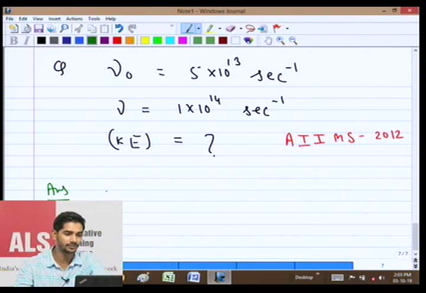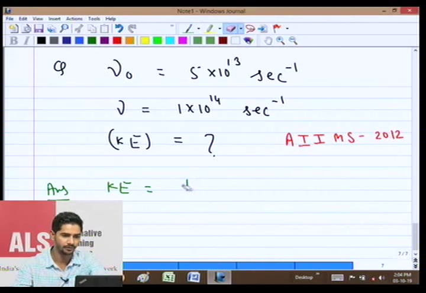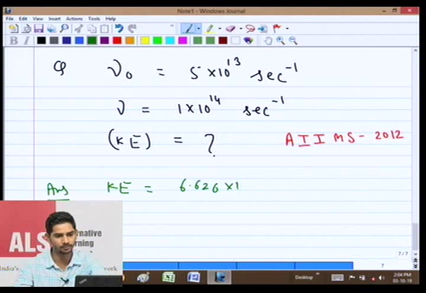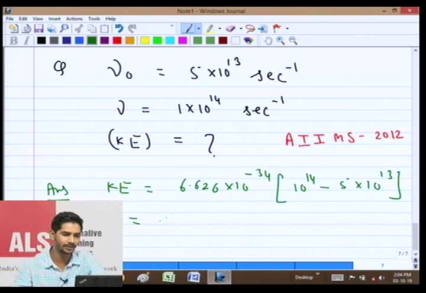Okay, let me solve this question. So again, take h as common, and here there's your 6.626 into 10 to the power minus 34. Nu minus nu naught, which is 10 to the power 14 minus 5 into 10 to the power 13. So we can take 13 as common. Senapati, what's your answer?